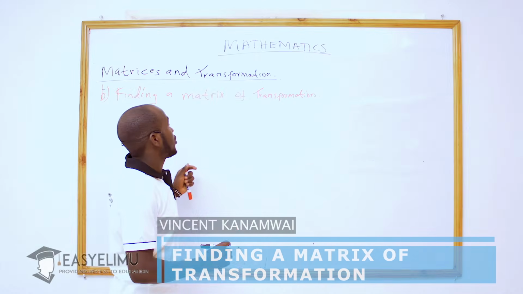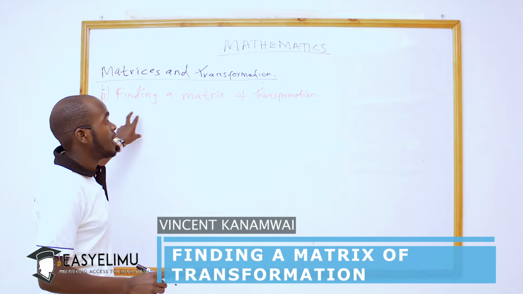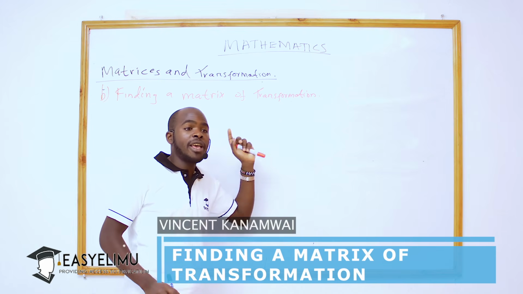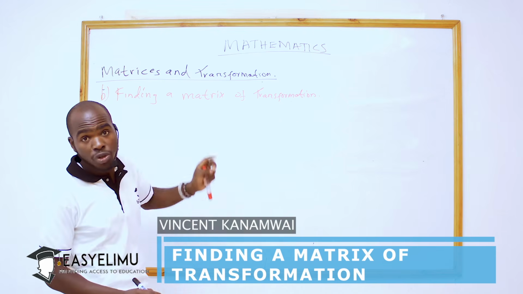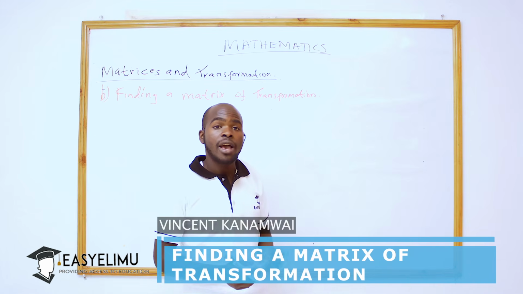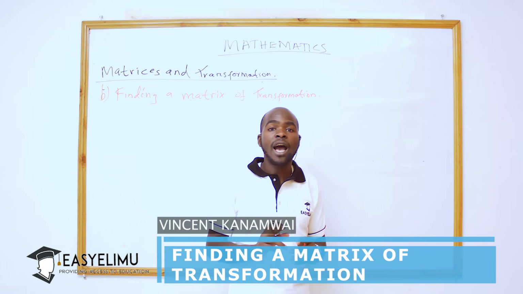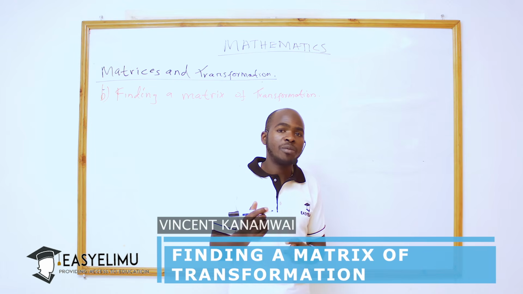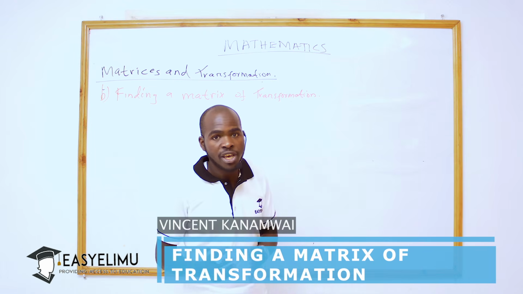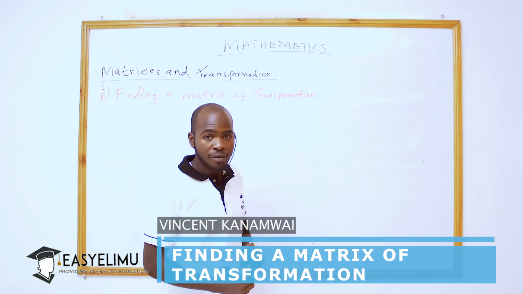I will be taking you through the second subtopic, that is finding a matrix of transformation. And here, in finding a matrix of transformation, you will be given an object and also an image, and you will be asked which kind of transformation did this object pass through in order to give this kind of image.